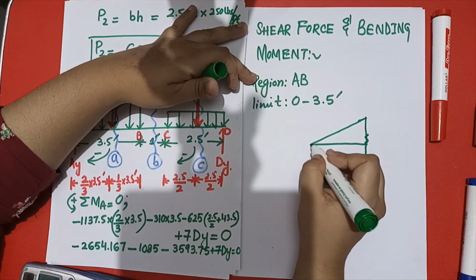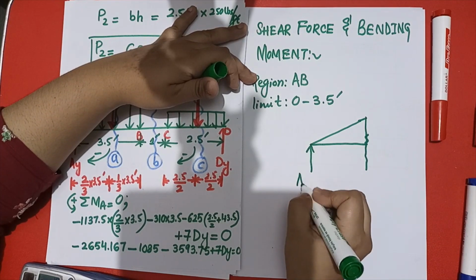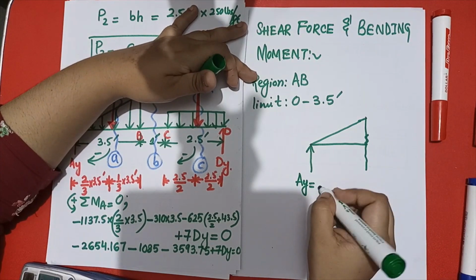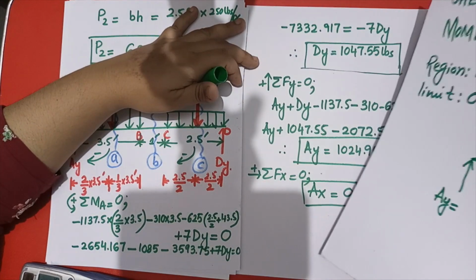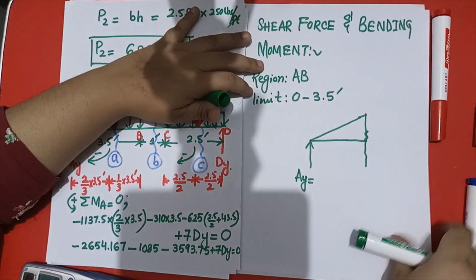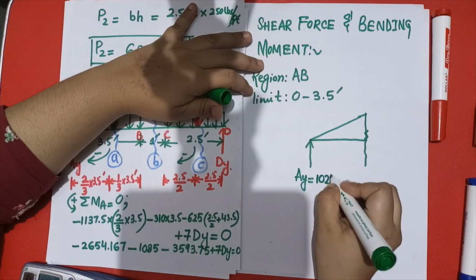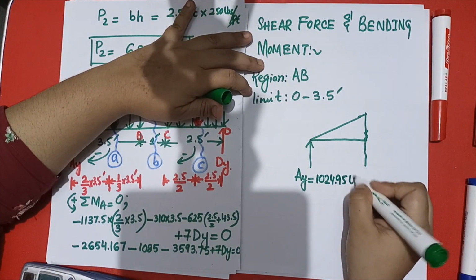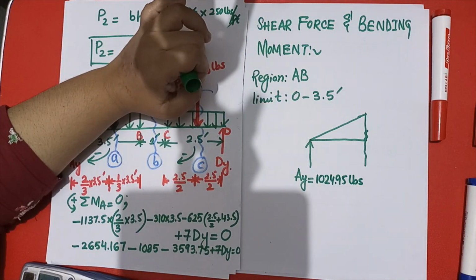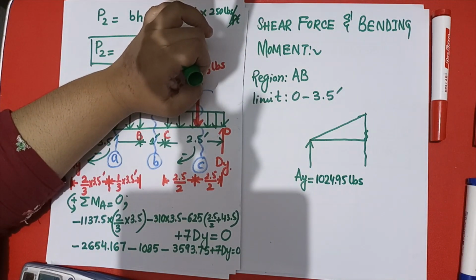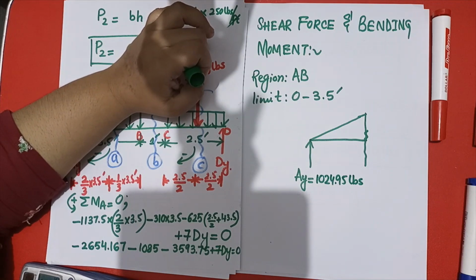This one is Ay, and the value of Ay came out to be 1024.95 pounds. So this is the value, 1024.95.